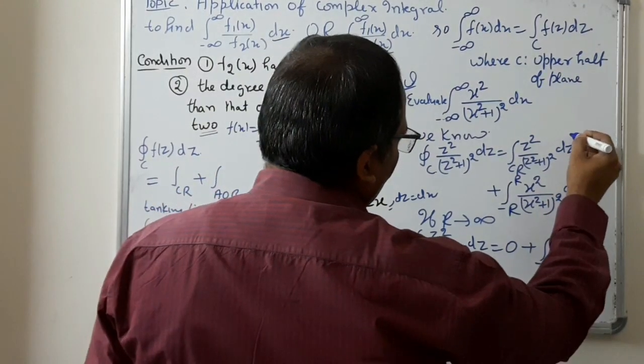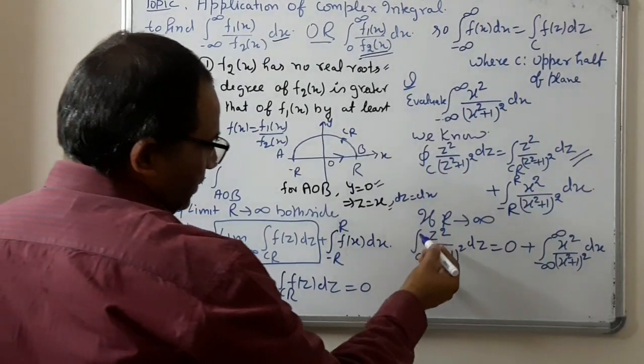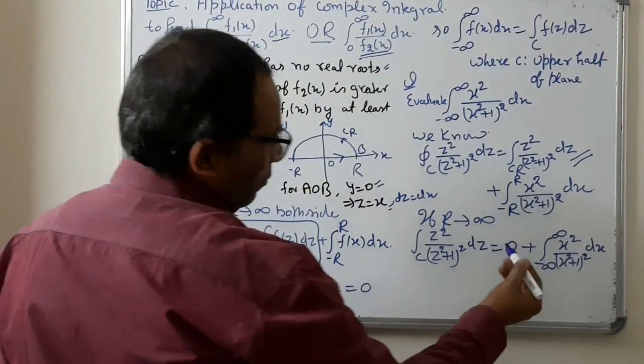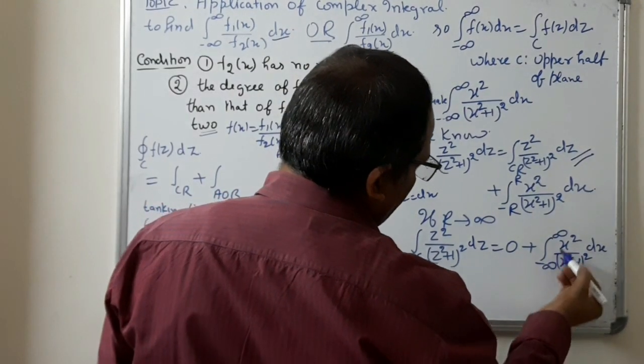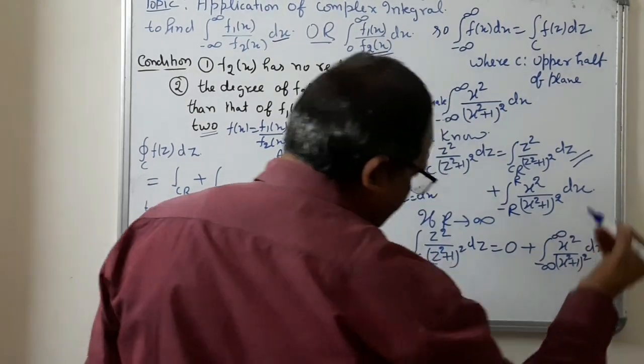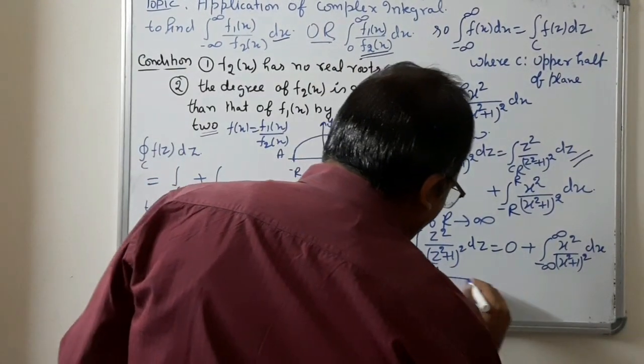So the integral on C equals 0 plus the integral from minus infinity to infinity of x squared upon (x squared plus 1) whole squared dx.